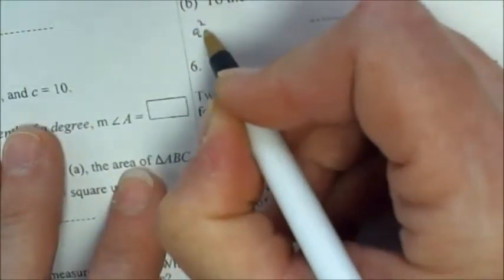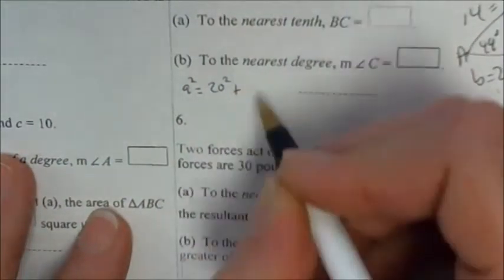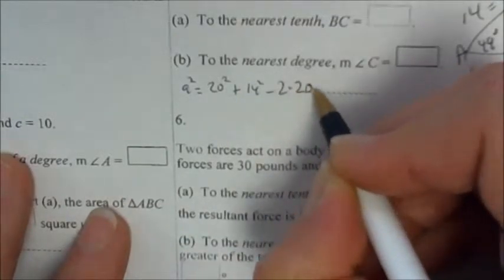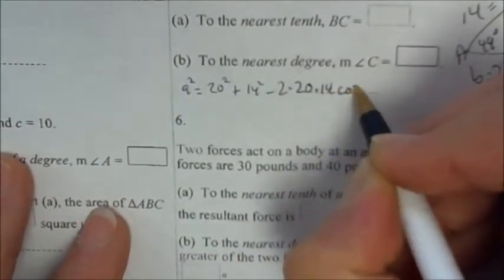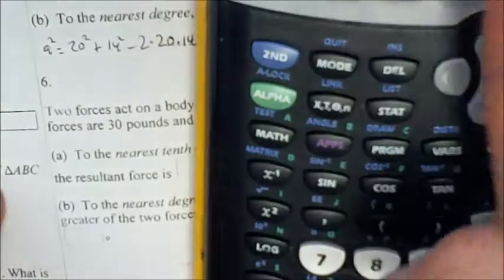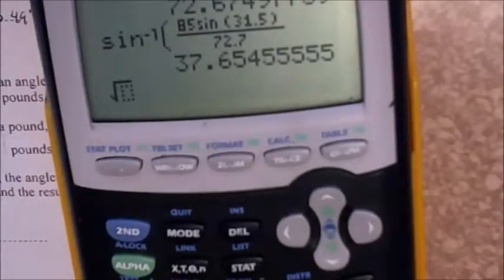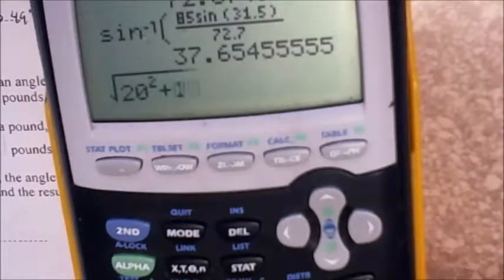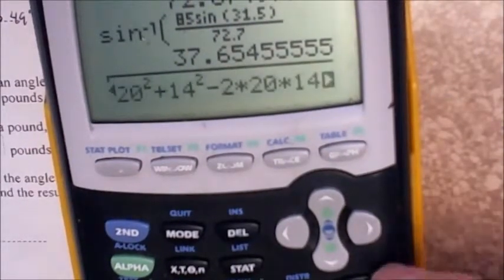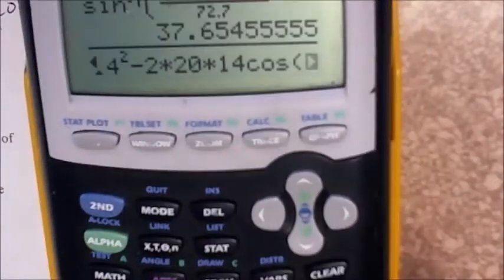So a squared equals b squared plus c squared minus 2 times b times c times the cosine of 49 degrees. So we're going to do the square root of, because that's what a squared is, 20 squared plus 14 squared minus 2 times 20 times 14 times the cosine of 49 degrees.